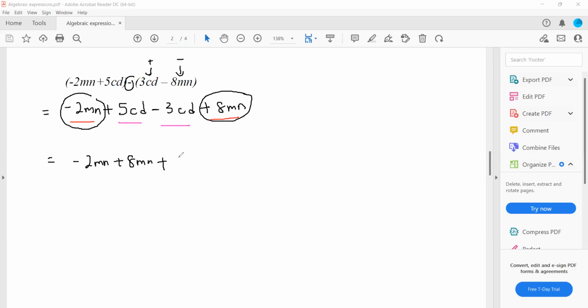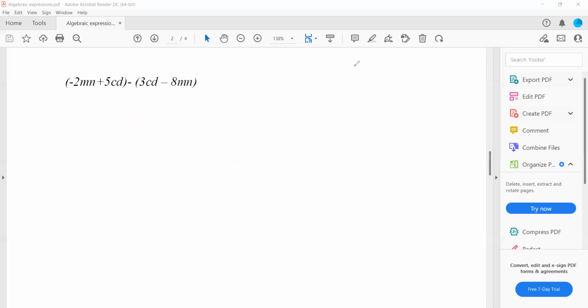Okay, next one is 5cd minus 3cd. So here we will get 6mn, and over here we will get 2cd. And that should be the answer. Okay, all right, moving on to the next question.